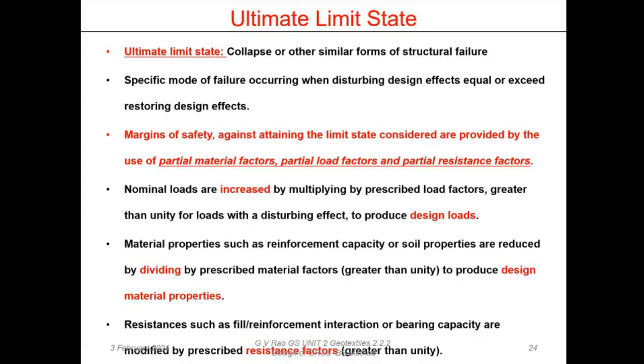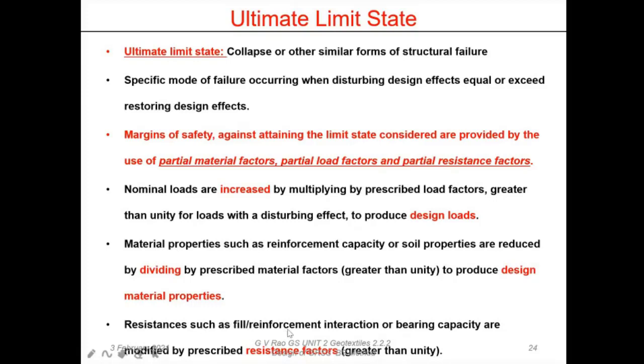Long-term design strength means we have to take creep also into account, we have to take damage into account. What factors do you think are going to occur during construction and during the life of the structure? All of them are going to be considered individually. Okay, so that is what is going to be there. These are the material factors of safety, and then finally we will get the design material properties.